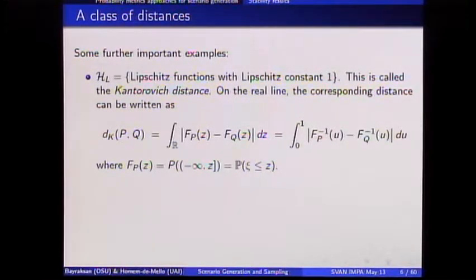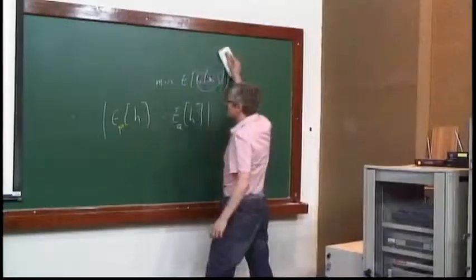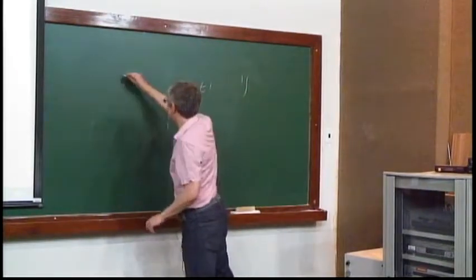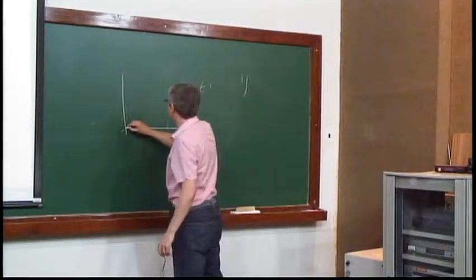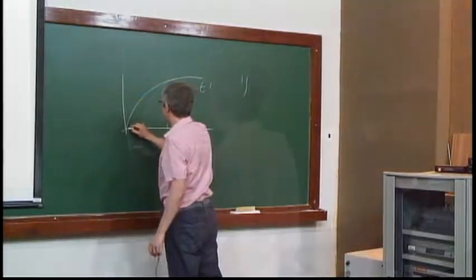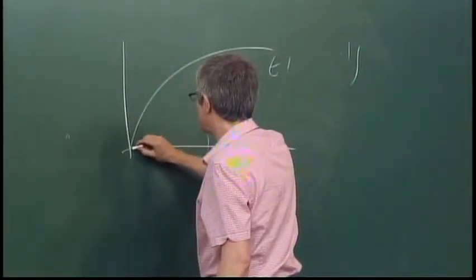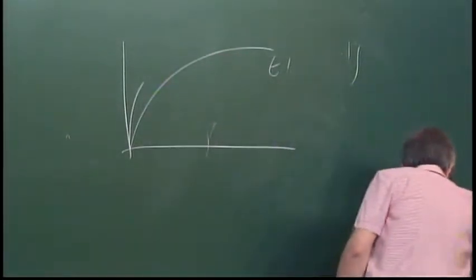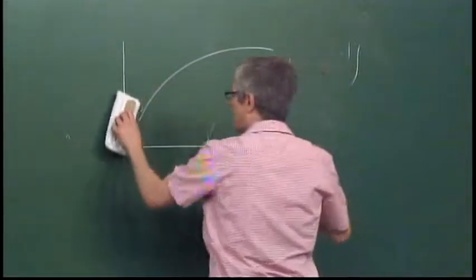On the real line, it turns out that the Kantorovich distance, we can think of this as simply this integral of the difference between the cumulative functions. So if you draw a picture, here is, say, f, and this is, maybe, g.